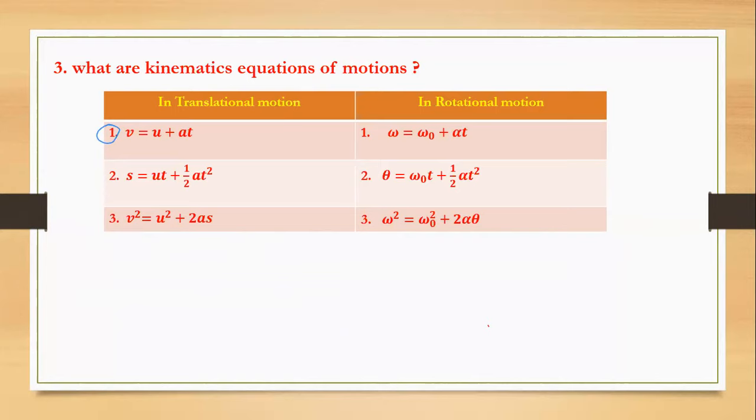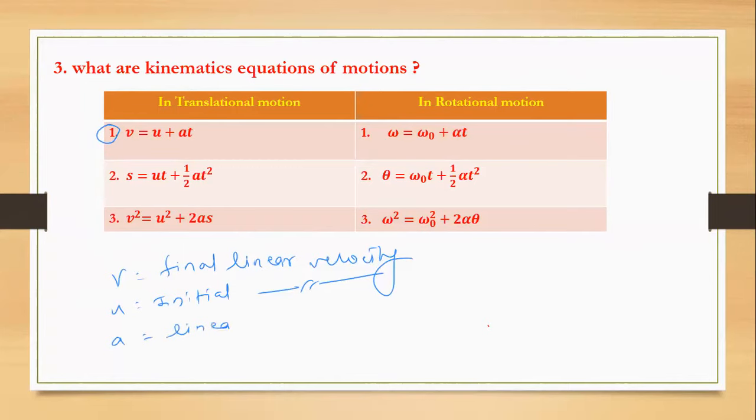In that, V is the final linear velocity, U is the initial linear velocity, A is linear acceleration, T is time.